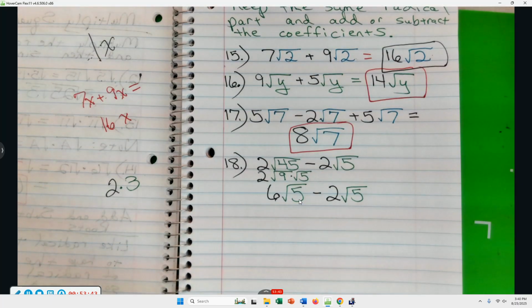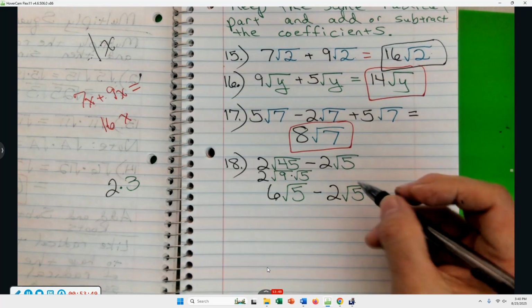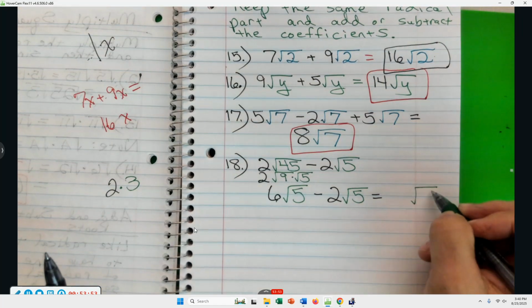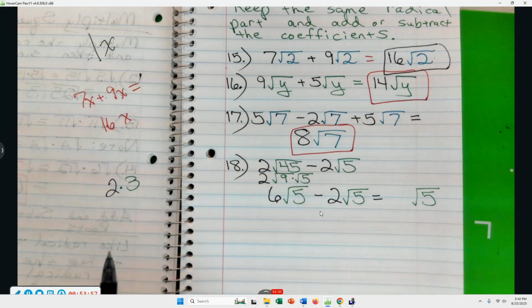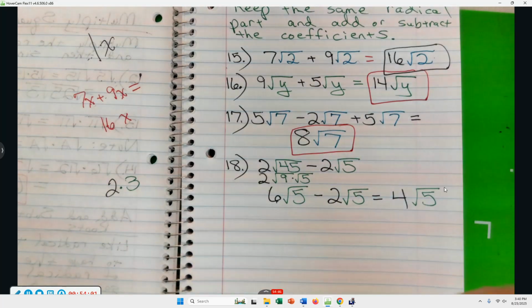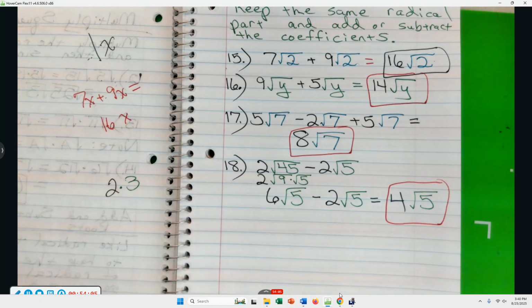Now do we have like radical terms? Yes, we have like radical terms. So I'll write down that square root of 5. What am I going to have in front of that square root of 5? 6 minus 2 gives me 4. So 4 square roots of 5 is my final answer.